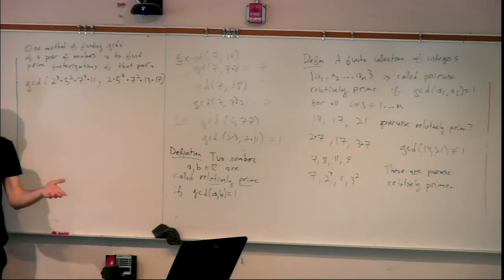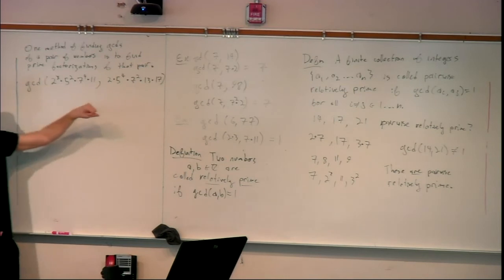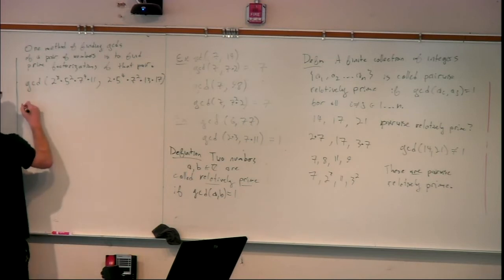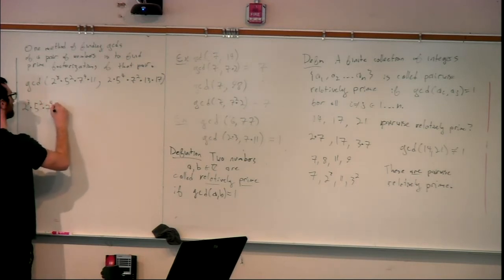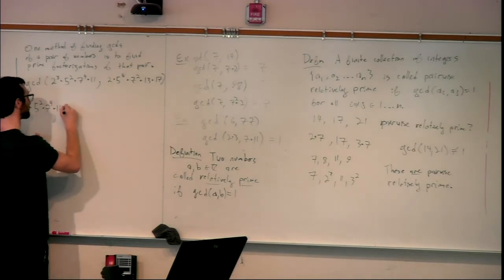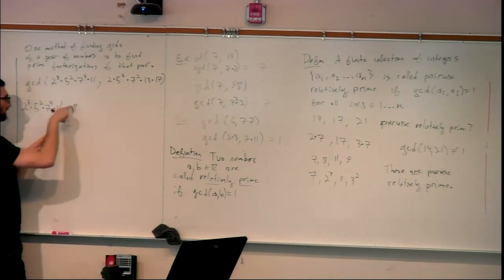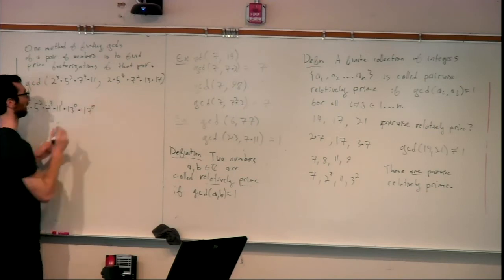So I'm going to take all of the primes that are involved, and write these numbers as a product of all of the primes. In particular, 2 cubed times 5 squared times 7 to the 4th times 11 is also equal to that times 13 to the 0 times 17 to the 0.